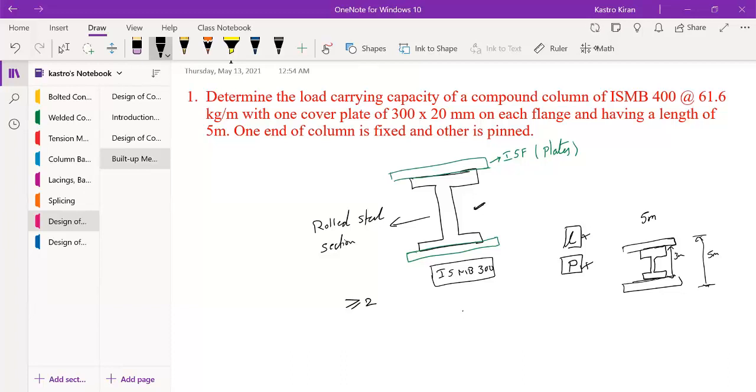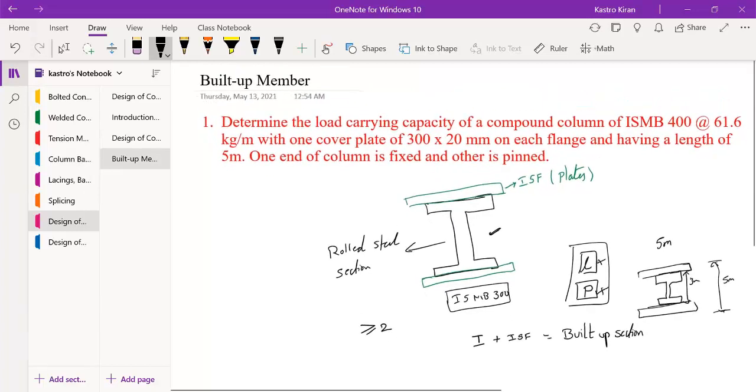Here you have a combination of an I section and flat sections, that is, Indian Standard Flats, and hence you call it a built-up section. Built-up sections can be used to make the member sufficient in height or length, and also to resist enough load. This is the simple concept behind the built-up section. Now we'll see one problem based on this concept.